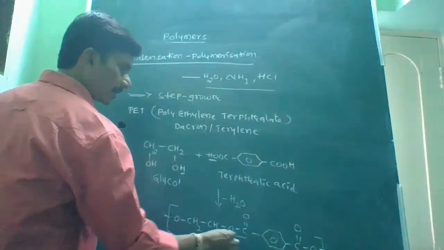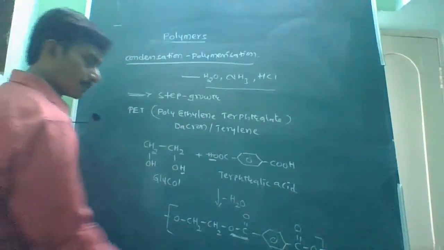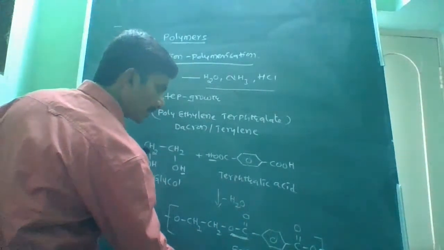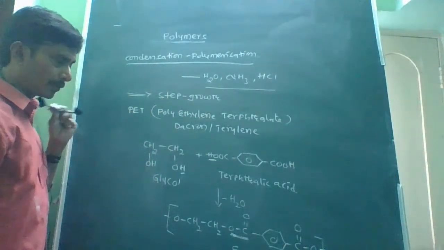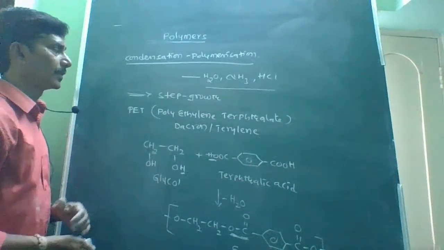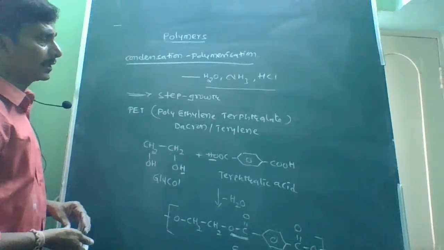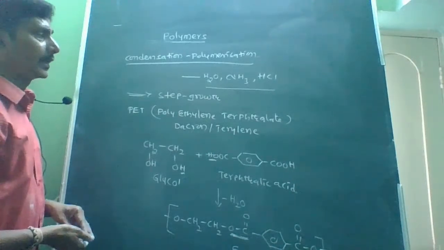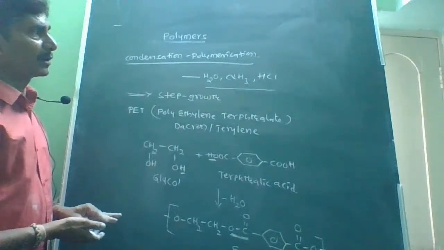It comes under the polyester type of polymer. Dacron, terylene, or polyethylene terephthalate is one example of condensation polymerization.